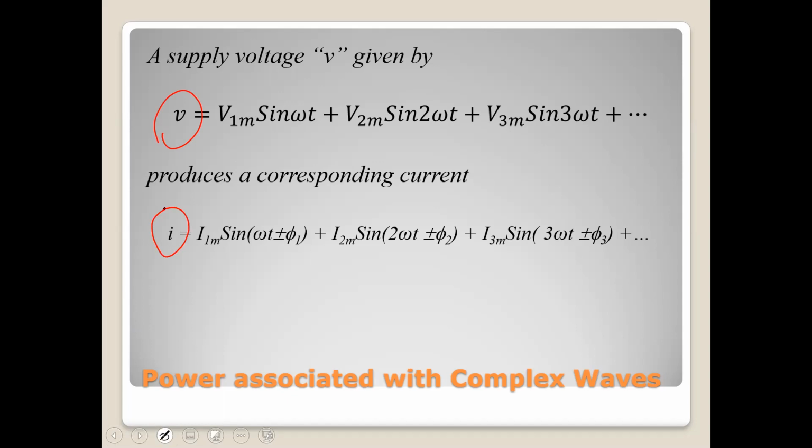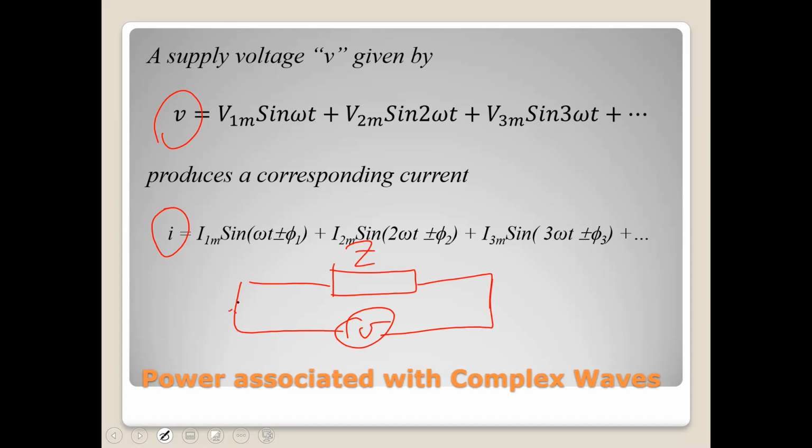And it is connected across an impedance. So we have an impedance Z. We have our source, and we have V, and it produces I.